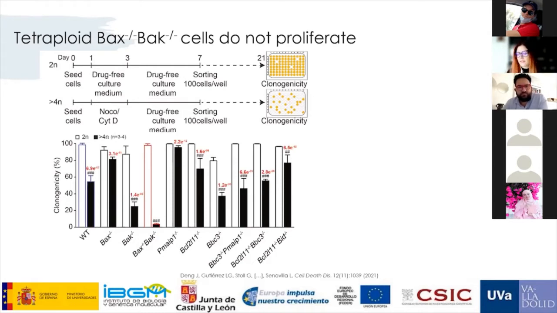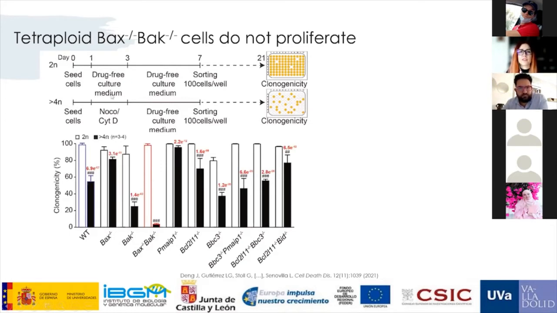For that, we have our cells in culture. The cells used for diploid sorting will be cultured for 7 days in drug-free culture medium, and after 1 week, we will sort 100 cells per well.